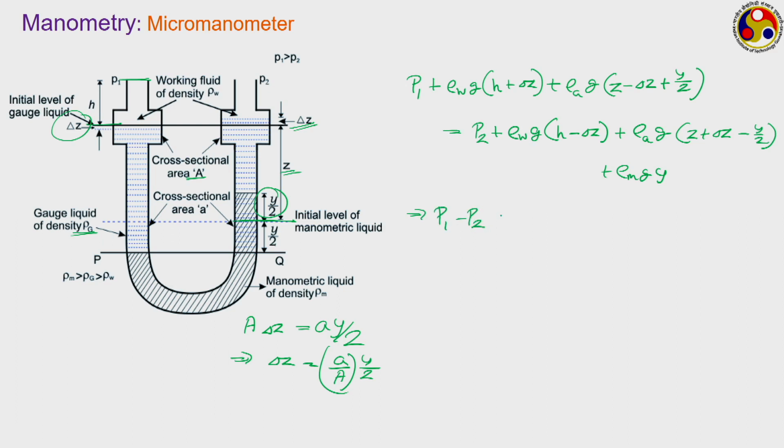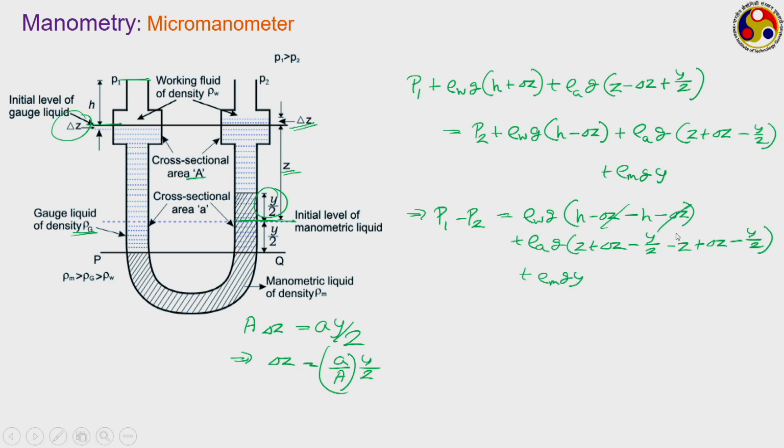We can take it back here. So P1 minus P2 is equal to rho w g into h minus delta z minus h minus delta z. So that corresponds to rho w, plus the gauge fluid, this is on the left hand side, and we are taking from the right hand side, this is coming, plus rho m g y.